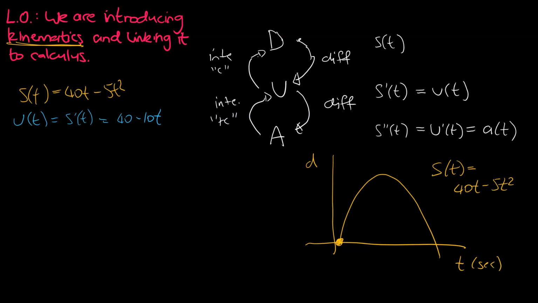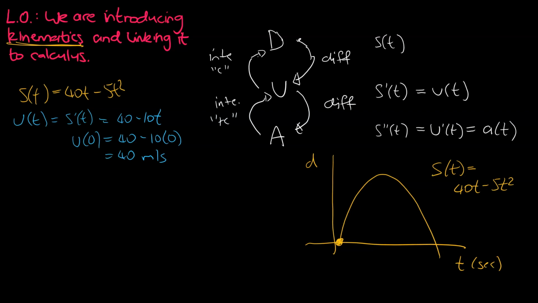So we've got our derivative. Let's try again. Initially, you've just thrown it, you haven't quite released it. You can figure out how fast it's going. That would be 40 minus 10 times 0, which is 40. So that means at the time of release, the ball would have been traveling 40 meters per second.